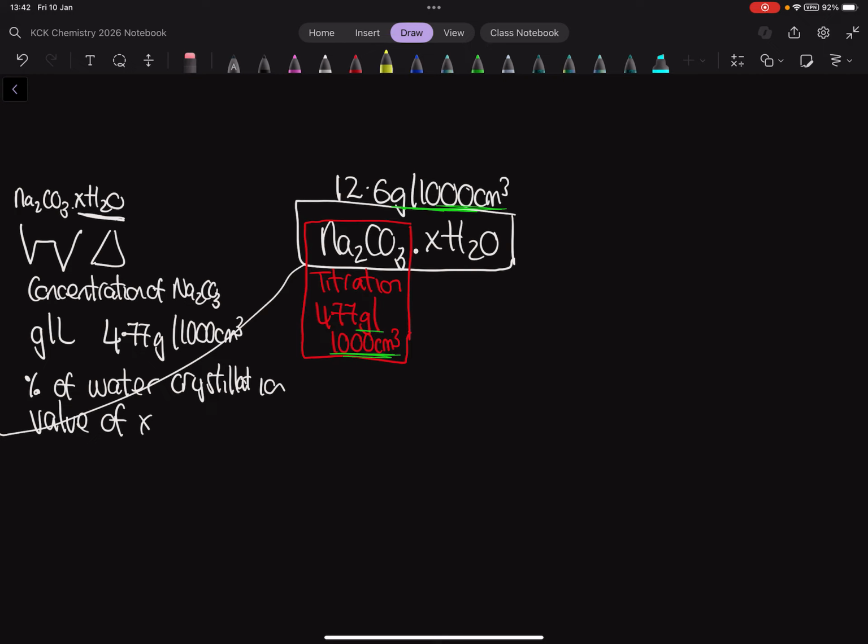So the last thing I have to work out is the amount of water that's present, and that's really just a subtraction. So 12.6 take away 4.77, and when I do that I get 7.83 grams, again in 1,000 centimetres cubed.